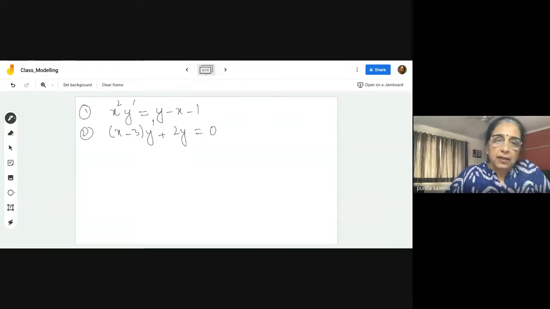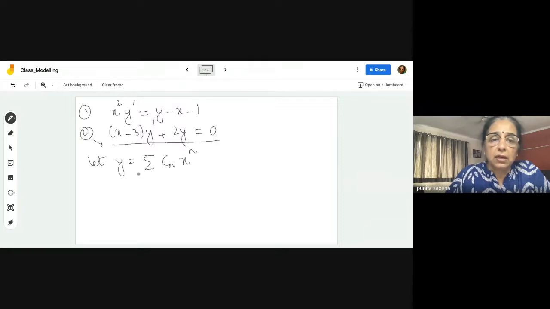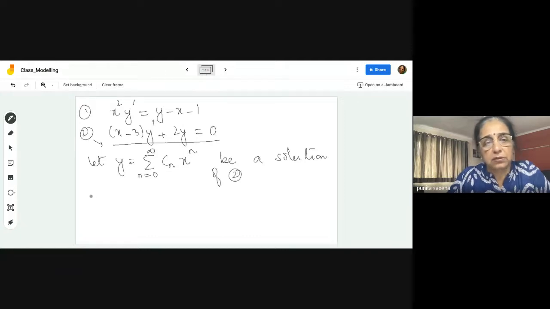Okay, so just look at the second one. Of course, the standard method remains the same. I'm doing the second one first, okay? So we start with: let y equal to summation c n x to the n, n from 0 to infinity, be a solution of the second differential equation. So how much is your y dash?